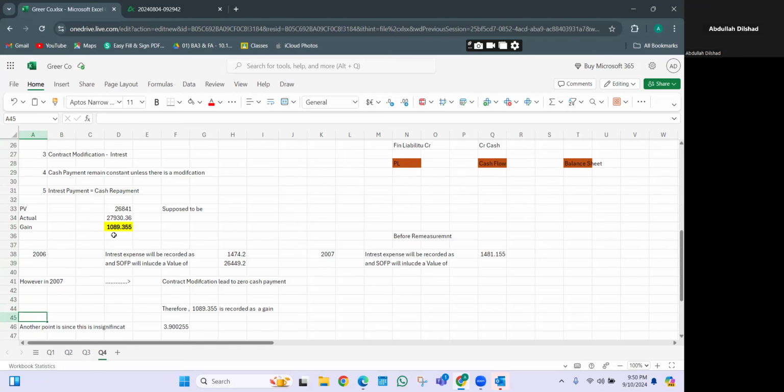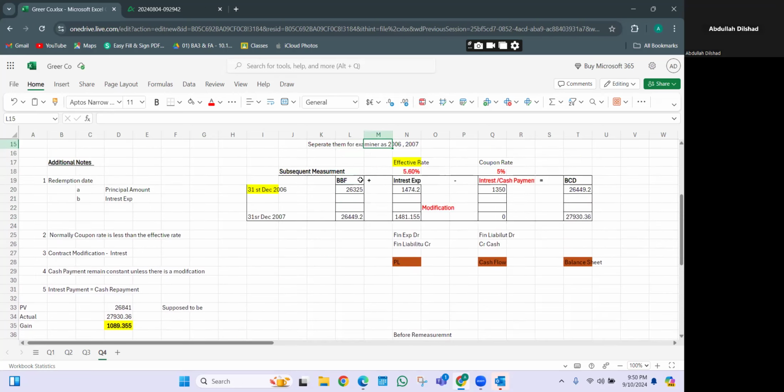Now, there is another part that you need to include in your answer. This contractual modification will give you two effects. One of the effects was in your amortization table, where you charged zero cash payments. That was one of the impacts.